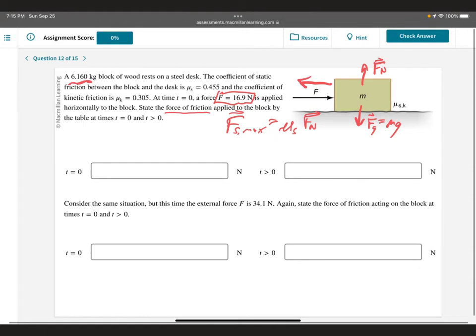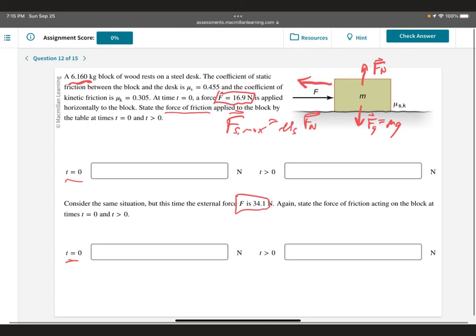If my applied force is bigger than the maximum static friction, then the most frictional force that can be applied, the maximum that can be applied, is the maximum static friction. So that would be what the force would be if I'm pushing harder than the max static friction. It would either be whatever I'm applying or whatever the max static friction is. That's at time equals 0.